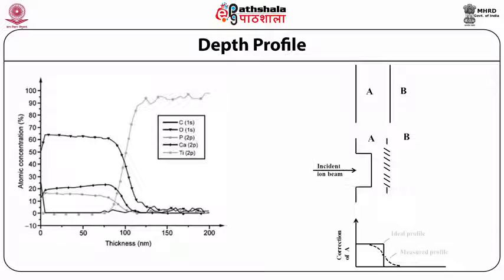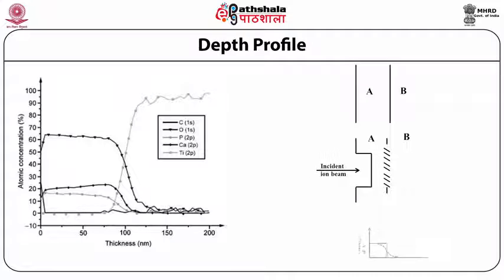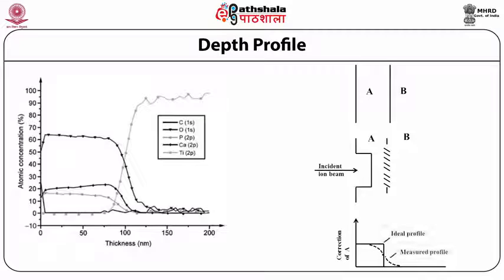Figure 7 schematically illustrates the interface smearing during depth profiling. This is also the case shown in figure 8, in which the smooth interface between coating and titanium substrate becomes diffuse in the profile.